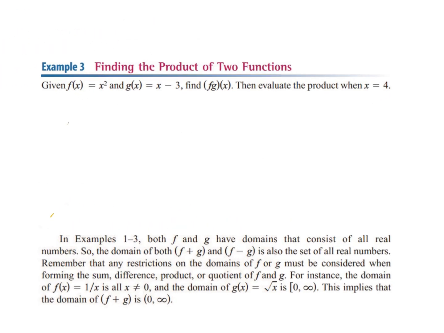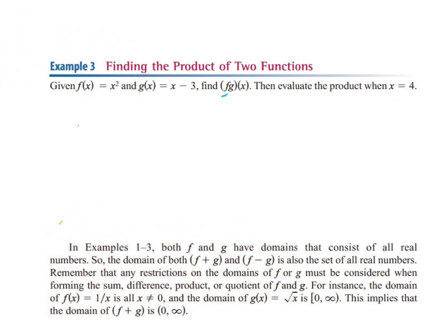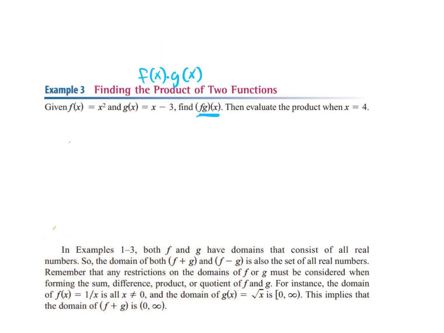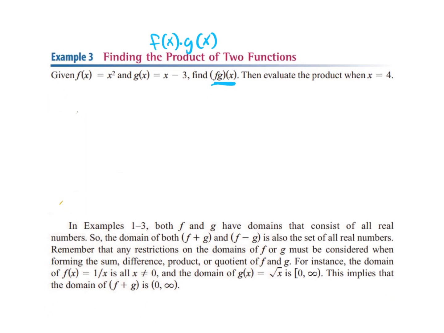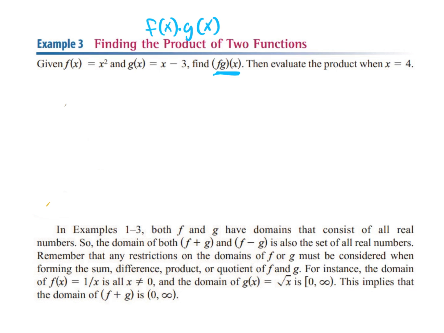In example 3, we're finding the product. So it says f times g of x. So it could be written as f of x times g of x, which it may have a little multiplication symbol between the two. So we're going to multiply our two functions together.